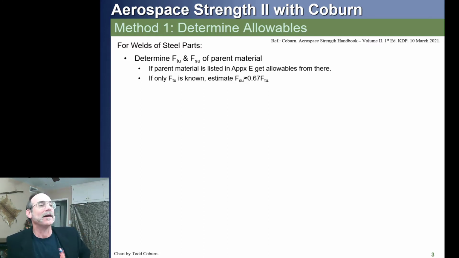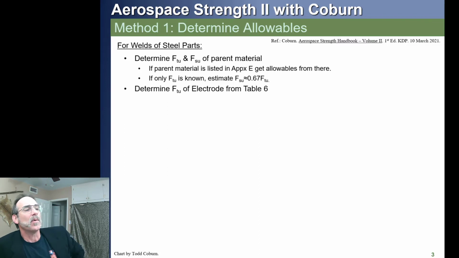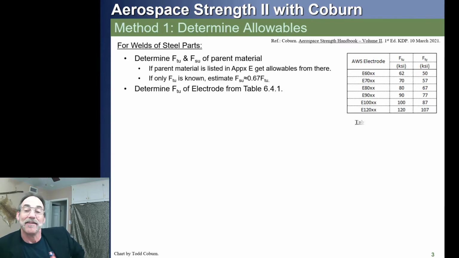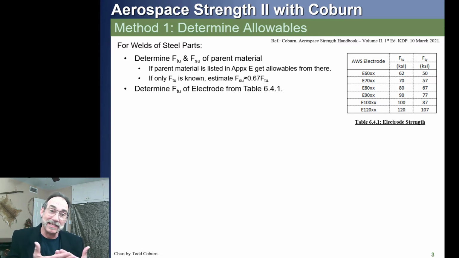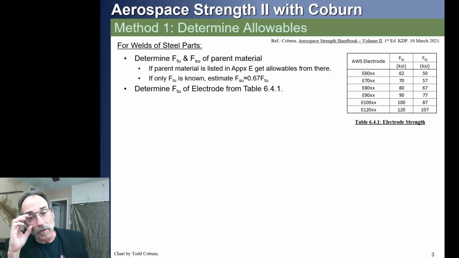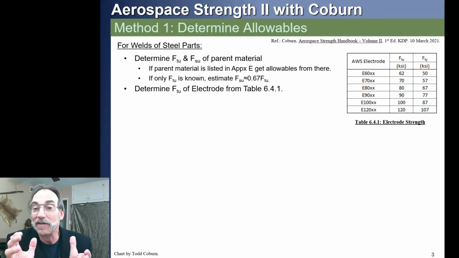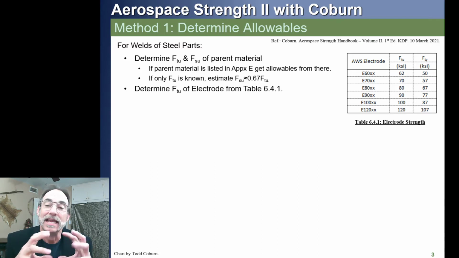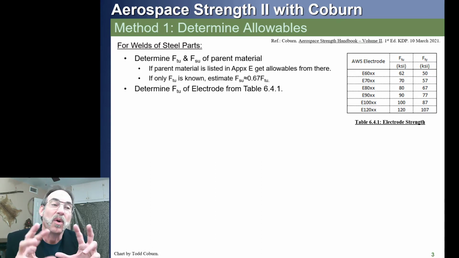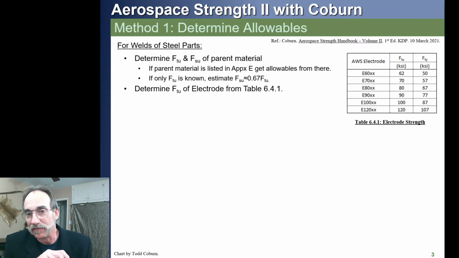Okay, so once we have figured out what the FTU and FSU of our parent material is, that's the material that we're welding together, we then need to figure out what the allowable is for our electrode. If we're dealing with a steel material, then we're going to call out the electrodes using a system developed by the American Weld Society, which basically calls out an E whatever, where that whatever is an indicator which includes roughly the tensile strength of the weld.